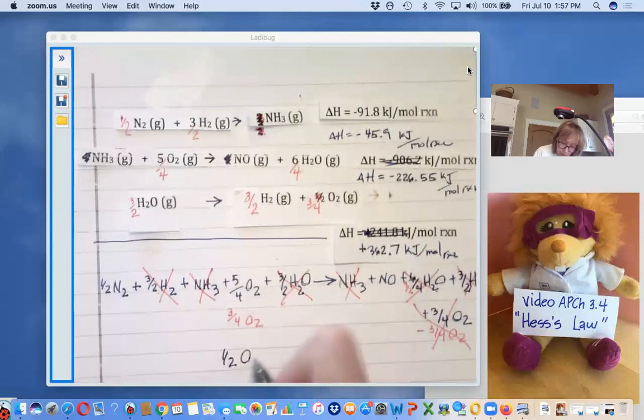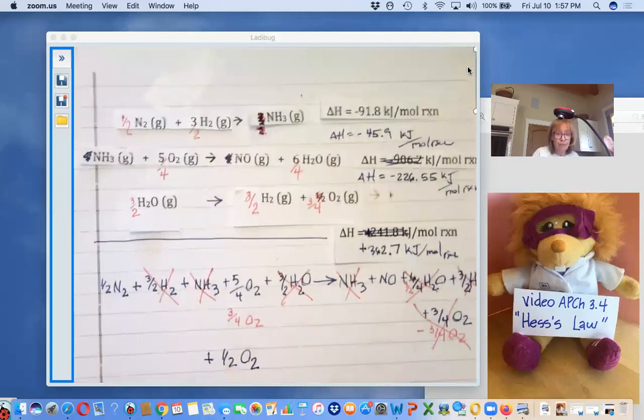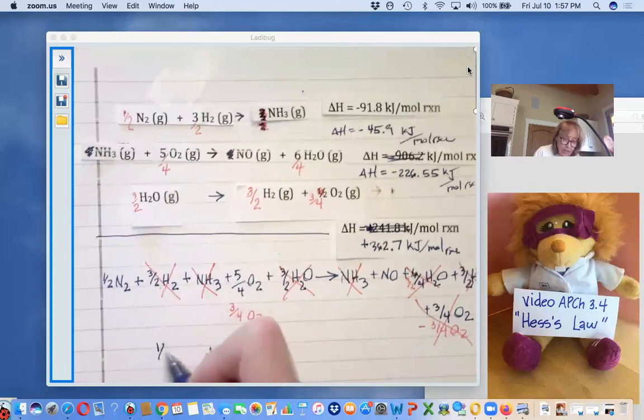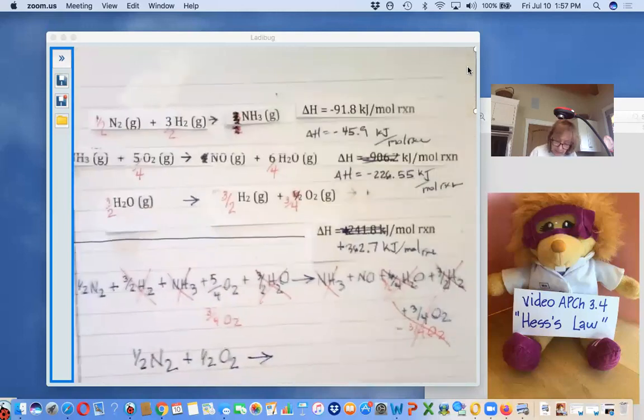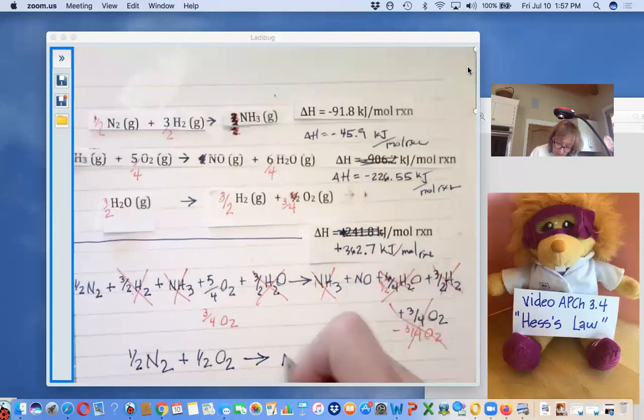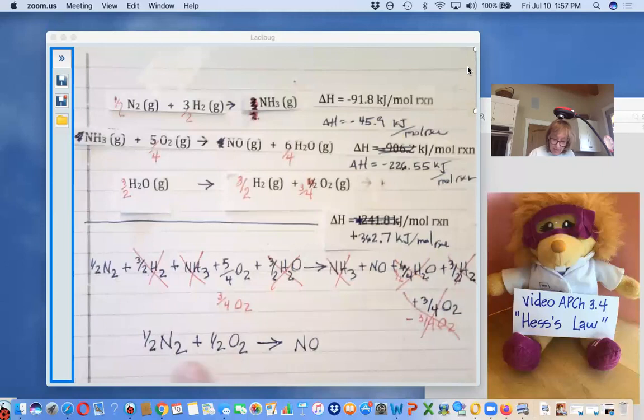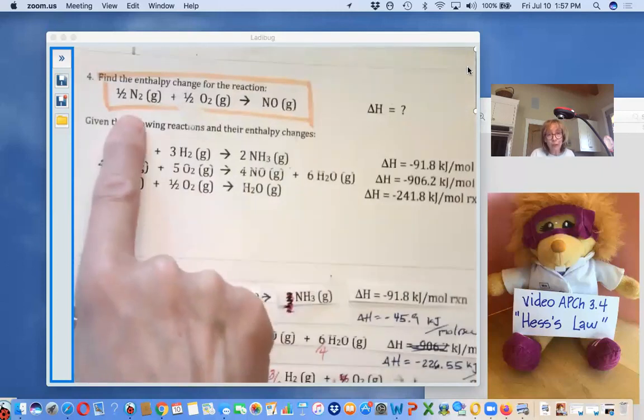So I have 1/2 oxygen, I have 1/2 nitrogen. That's all that's left on the reactant side. And on the product side, I have NO, and that's it. And this is my target equation.